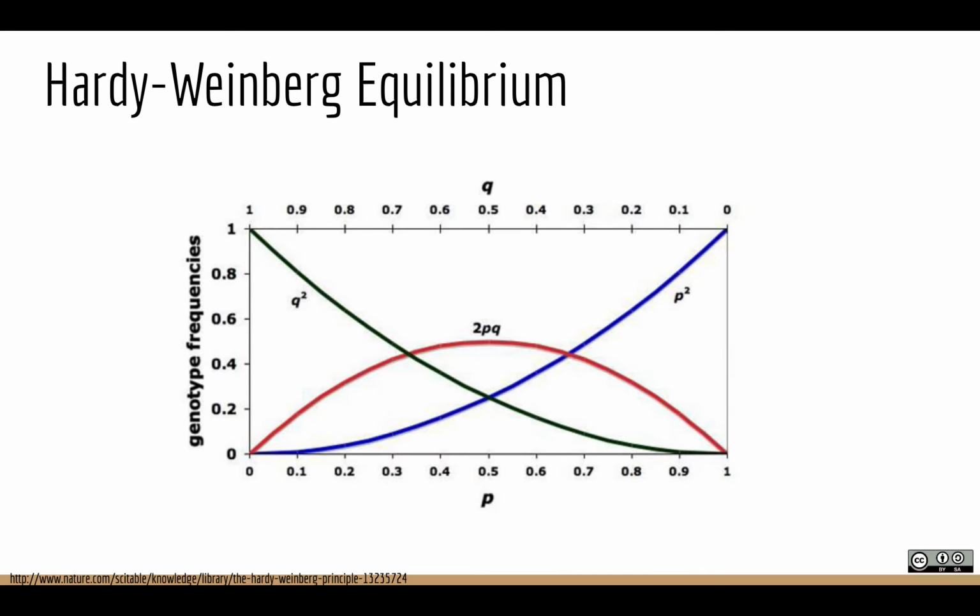So there's this nice plot that represents the genotype frequencies that we expect. Homozygotes for Q, heterozygotes in red, and homozygotes in blue, as a function of the allele frequency of the first allele, because we can infer the allele frequency of the second allele if we're given the allele frequency of the first allele.